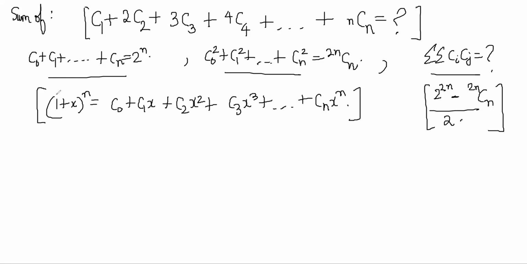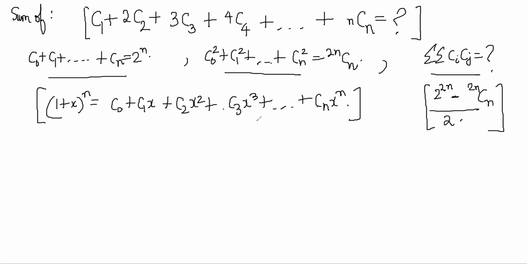Now we have to somehow use this to derive this. Notice that the coefficients are needed: 2 here, 3 here, 4 here, n here.